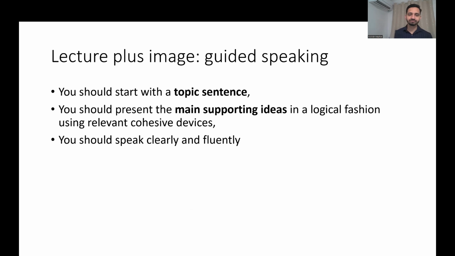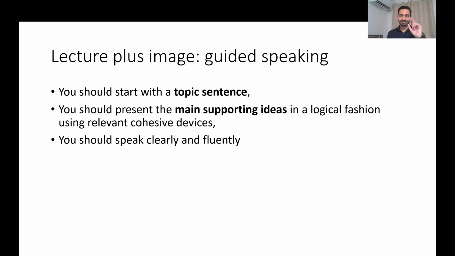All right, so let's look at this template. First, you should start with the topic. What is the topic? Most livable countries in the world, or the HDI ranking, right? You should present the main supporting points in a logical fashion using relevant cohesive devices. And we talked about cohesive devices quite a lot in other lectures: however and but and things like that for contrasting ideas, and also adding information, so, and, therefore, all these kinds of things.